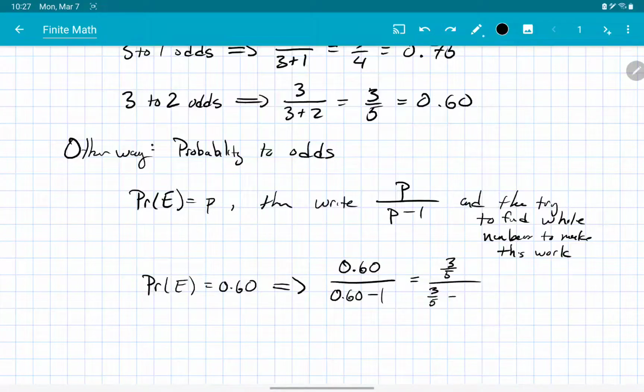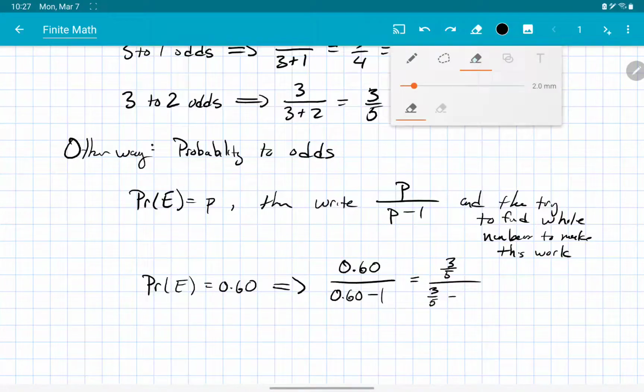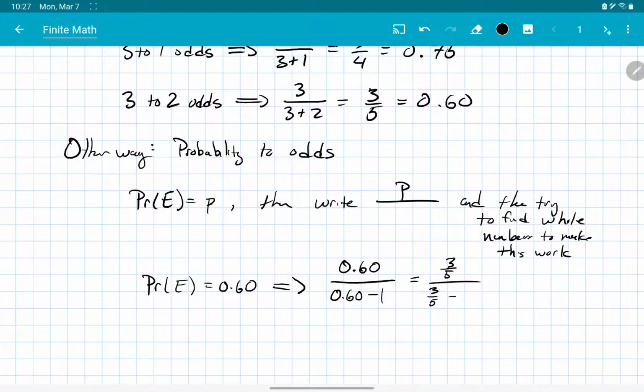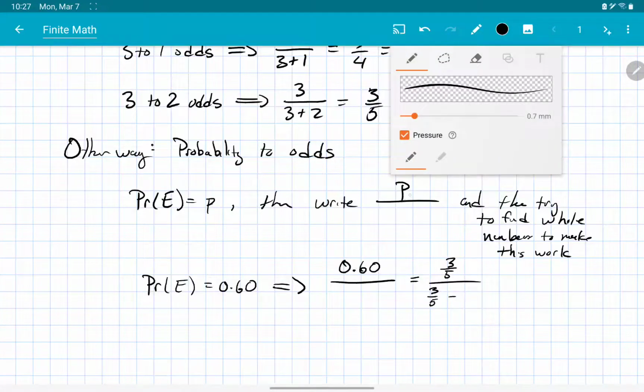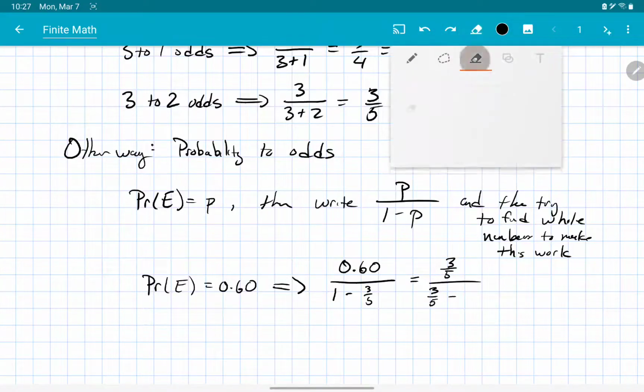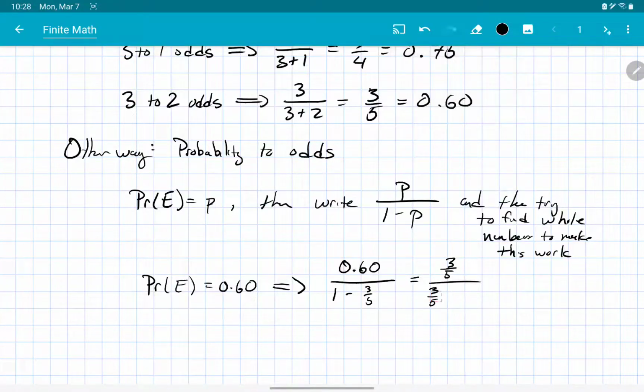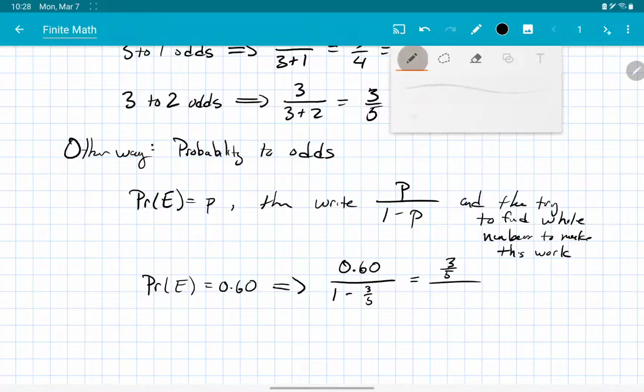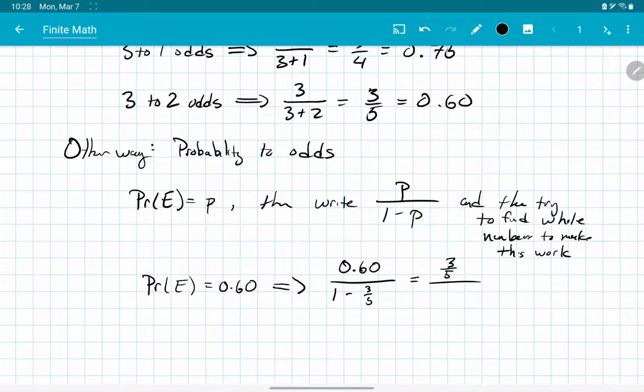I'm sorry. I've got to erase this here. It makes a lot more sense. 1 minus P, 1 minus 3/5. So it's 2/5.